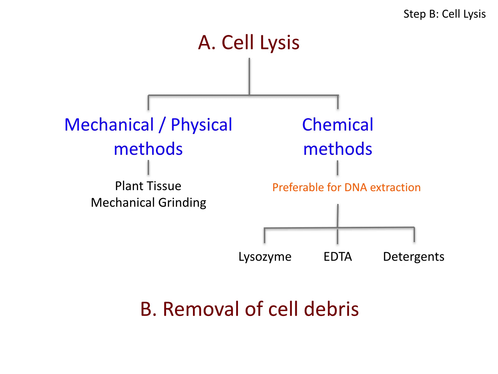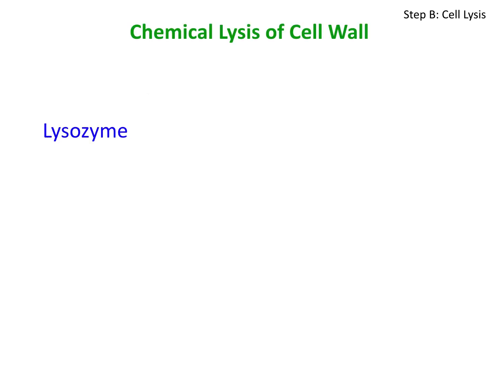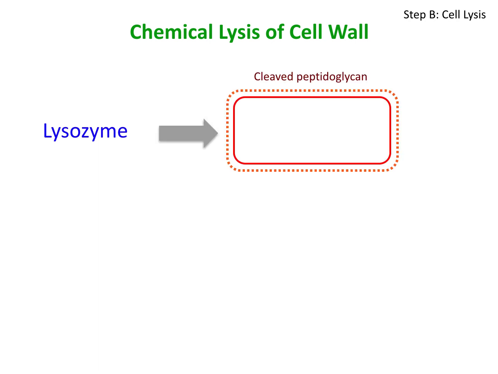First, let's study how chemical lysis of the bacterial cell wall is done. Lysozyme is used for this purpose, an enzyme which breaks down peptidoglycan present in the cell wall so that the cell wall loses its rigidity.